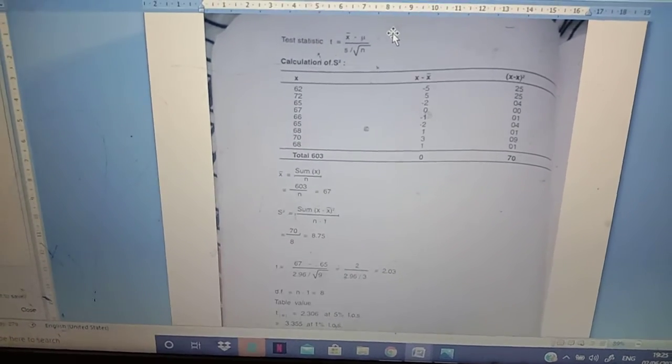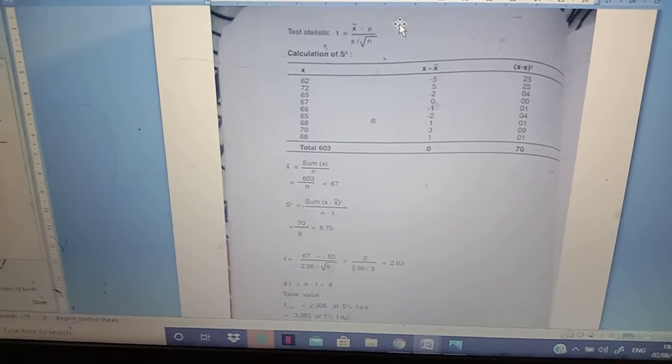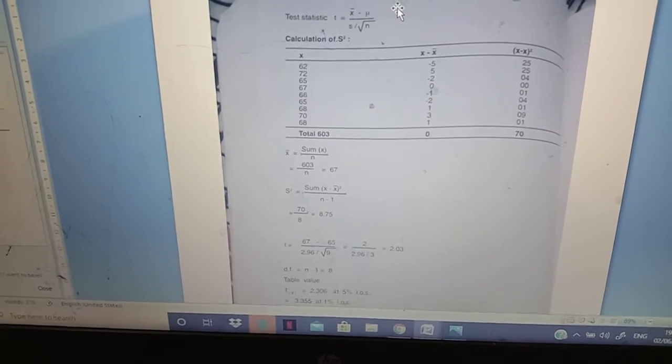Here s is used for the sample standard deviation, and in Z it was used for the population standard deviation. So basically we are testing the sample to find the difference between the population mean and the given sample mean.